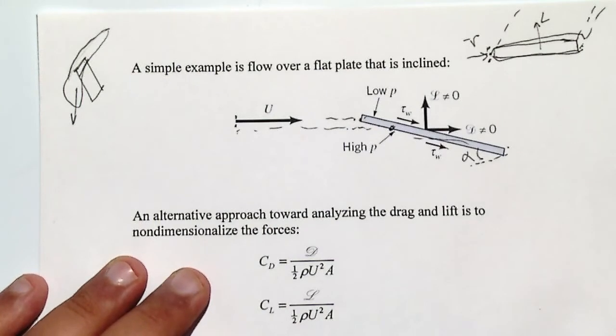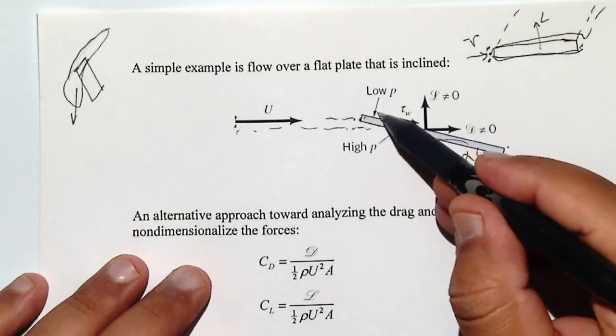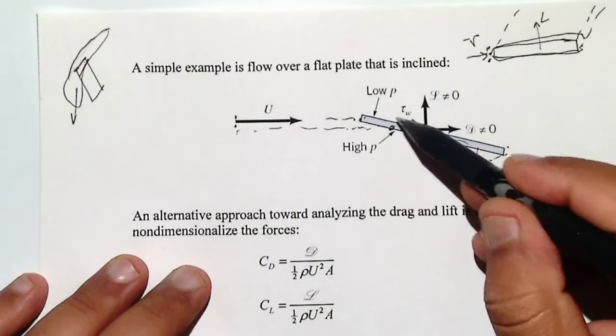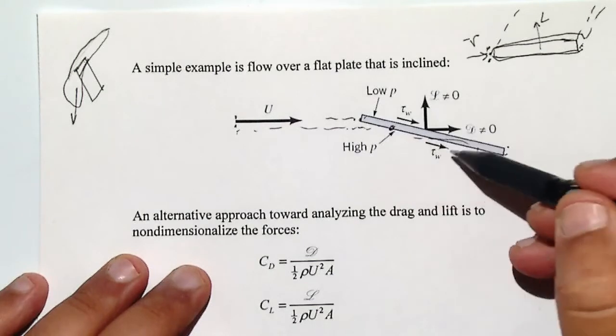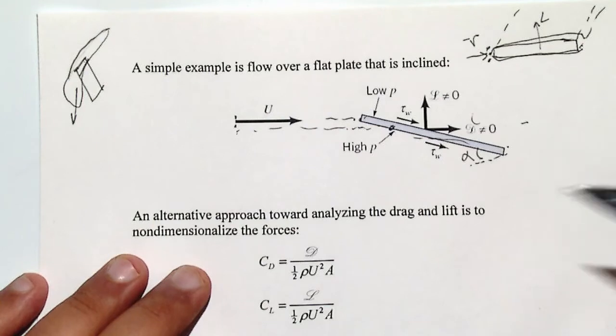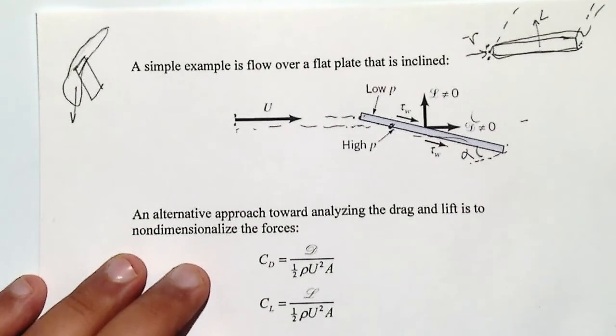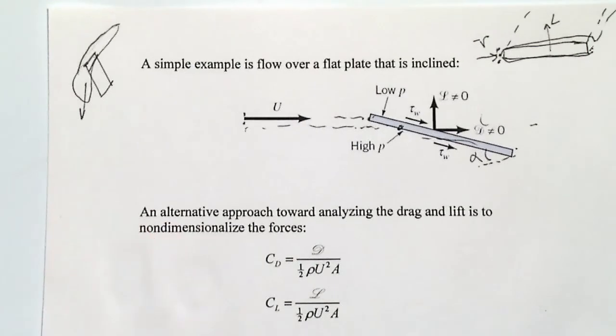That's why you will have drag and also lift. But you have to know that a flat plate is like a blunt object, and you will have a wake here, and that wake by itself gives you drag. So that's why the flat plate is not used for wings, but airfoils are.